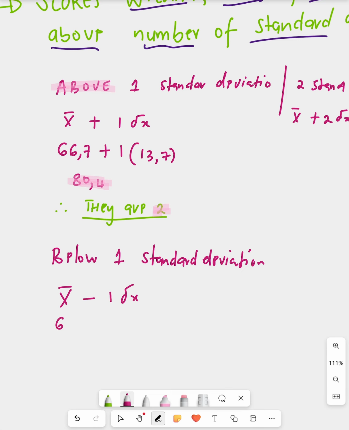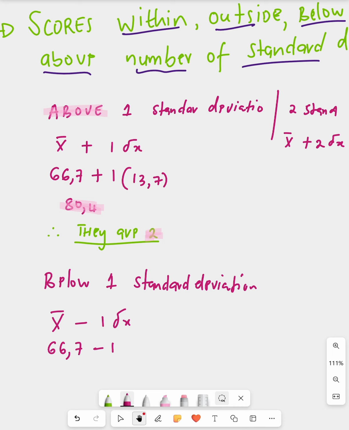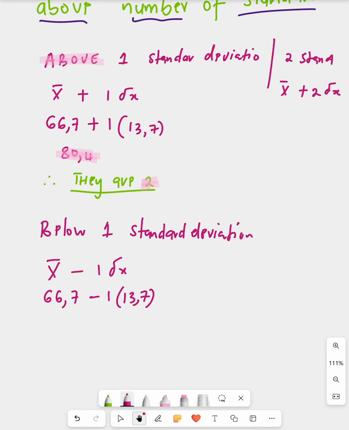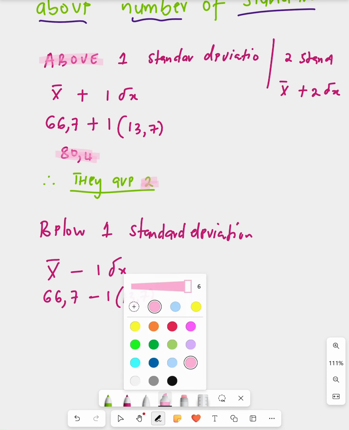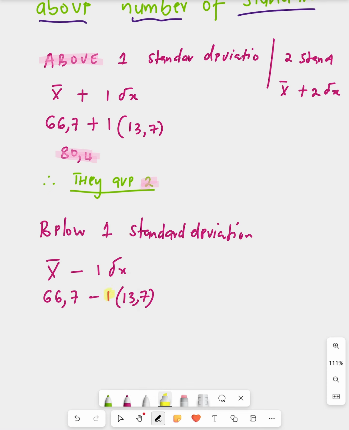So you are going to have 66.7 minus 1 times 13.7. Remember, they can ask you 2 or 3 standard deviations. The only thing that will change, where there is 1, we are going to put 2 if they say 2 standard deviations. And if they say 3 standard deviations, where there is 1, you are going to put 3. That is the only difference.